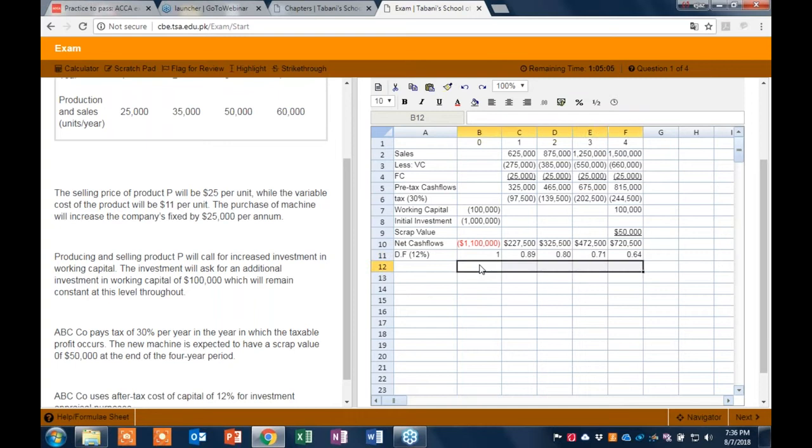Now, all we have to do is to multiply the net cash flow with the discount factor. So here we go. We've got the first present value, and I'll just copy the formula from this cell and paste it in the next cells. Here we go. Again, we need to change the format.